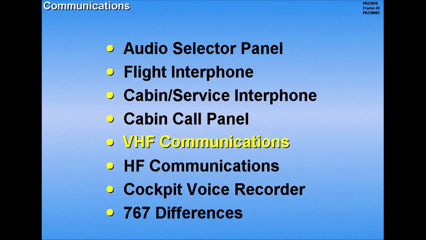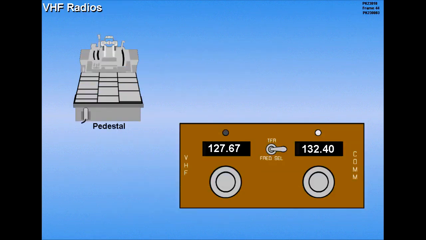Next, let's discuss VHF communications. There are 3 VHF control panels located on the center pedestal. The left and right VHF radios are normally used for ATC and company communications. The center VHF radio is used by ACARS.